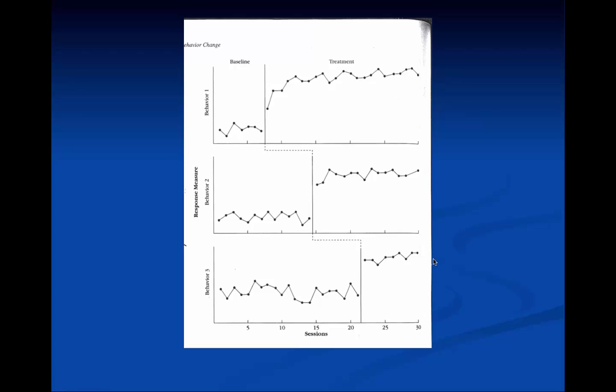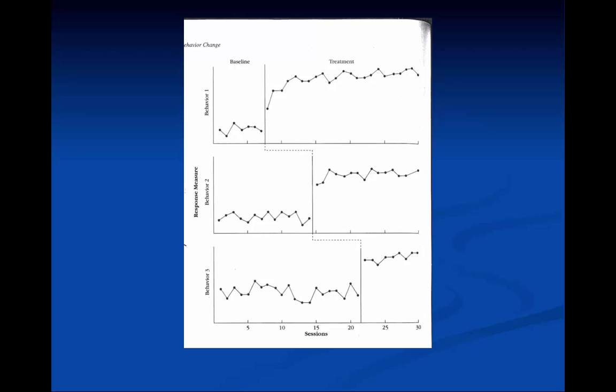The probability that there is a confounding variable, that is, that there's something else other than your treatment that has resulted in this change, is highly unlikely. And obviously, the more times you do this, the more unlikely it is. Same logic as with the reversal or withdrawal designs that we talked about last time. The more times you do it, in ABA is a pretty good demonstration.